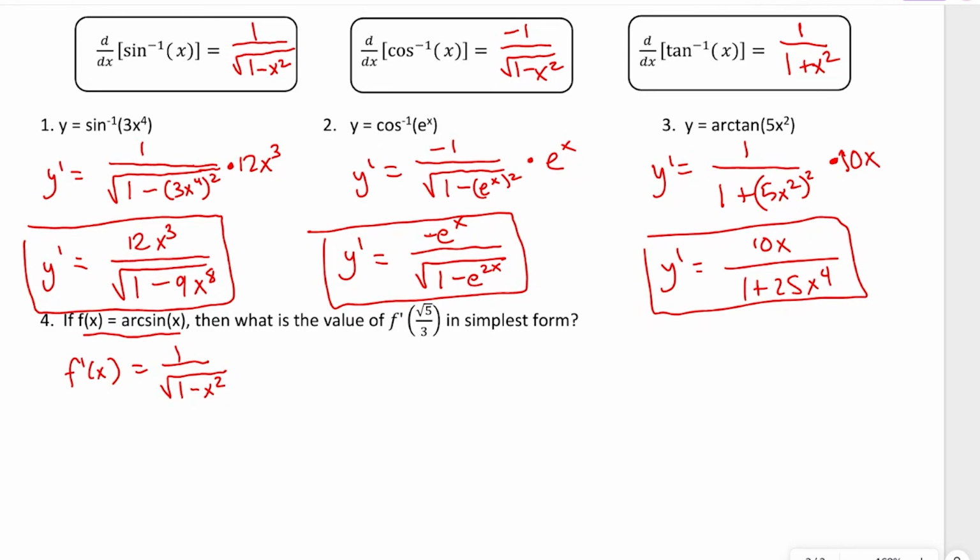So if I want to evaluate this derivative at root 5 over 3, f prime of root 5 over 3 is going to be 1 over the square root of 1 minus root 5 over 3 squared.